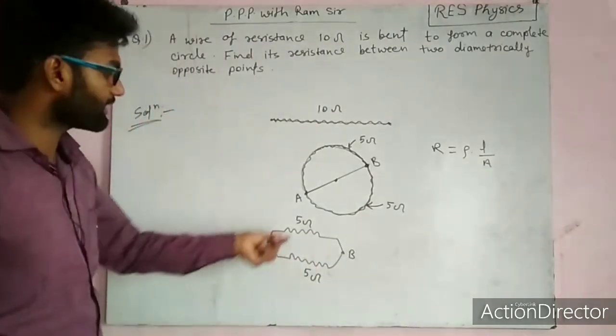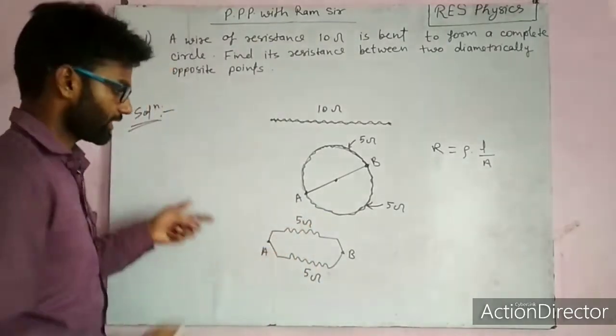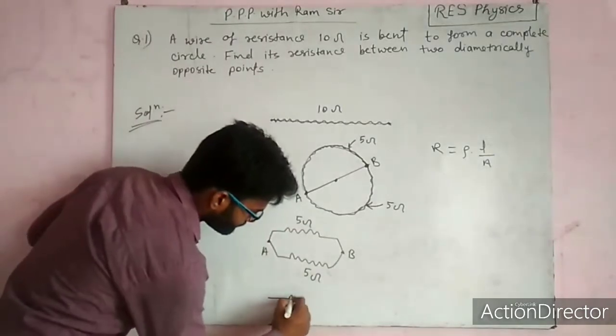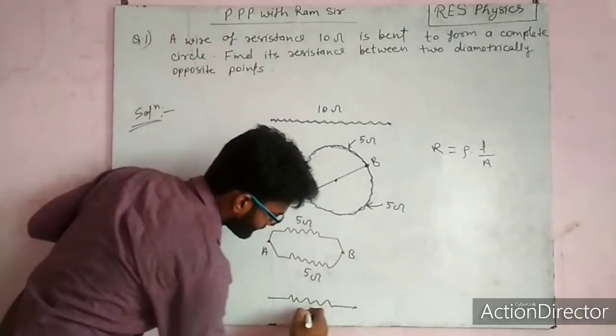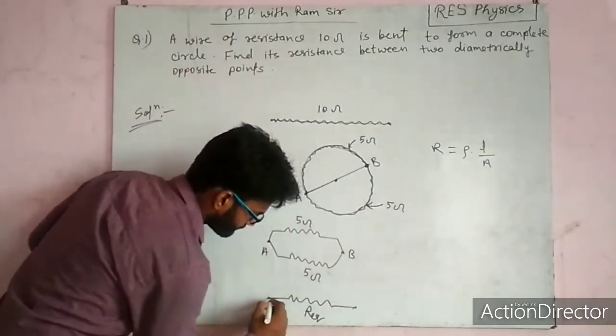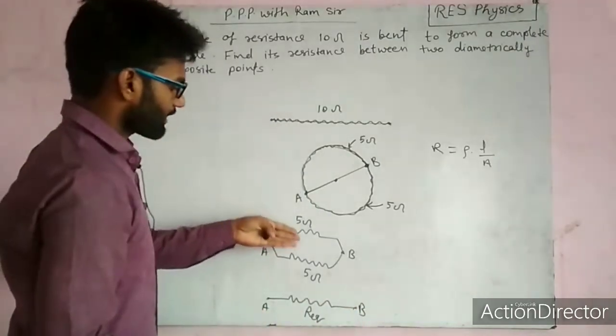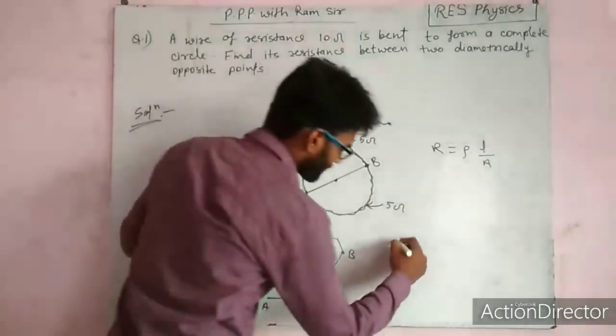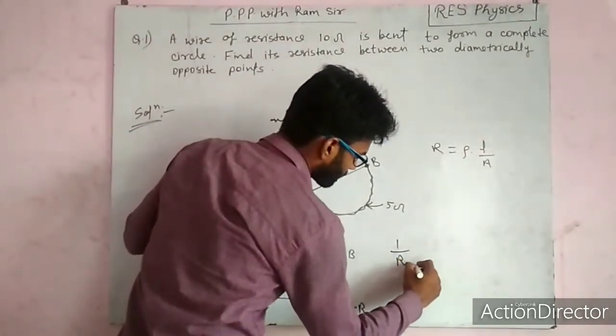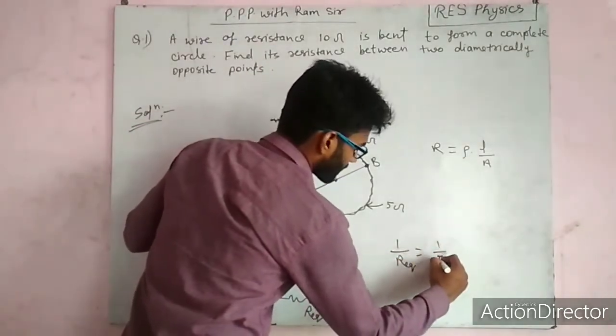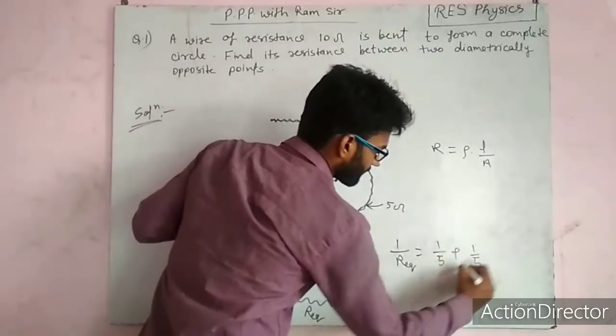So we have to calculate the equivalent of this. So we can write here R equivalent between A and B. These two resistances are connected in parallel. So directly we can calculate 1 upon R equivalent equals 1 by 5 plus 1 by 5.